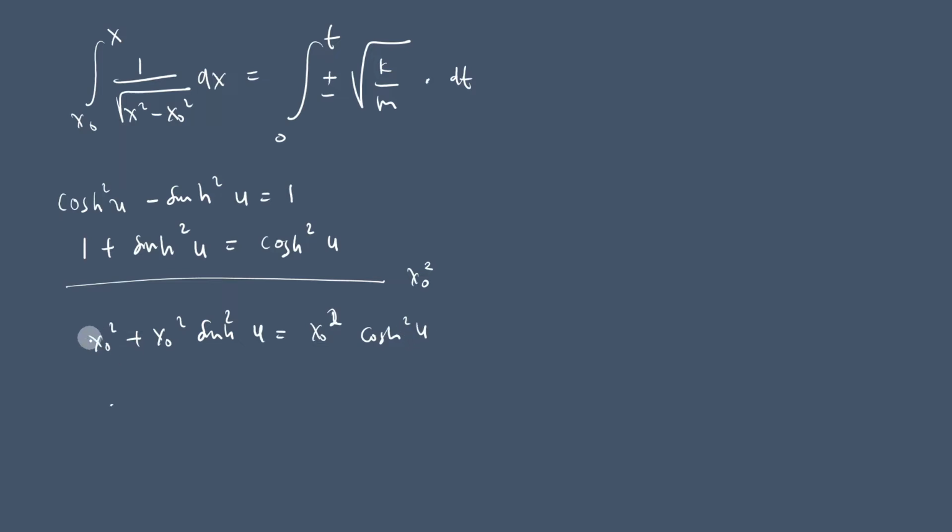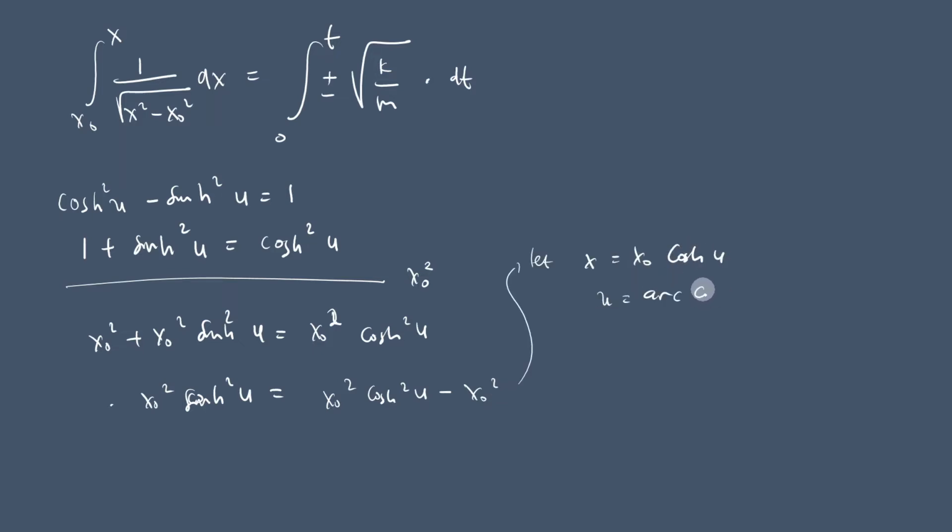And we move this from the left side to the right side, and we get x0 squared sinh squared u equals x0 squared cosh squared u minus x0 squared. Let x equals x0 cosh u, and u as the inverse of cosh of x divided by x0, and we get x0 squared sinh squared u equals x squared minus x0 squared.